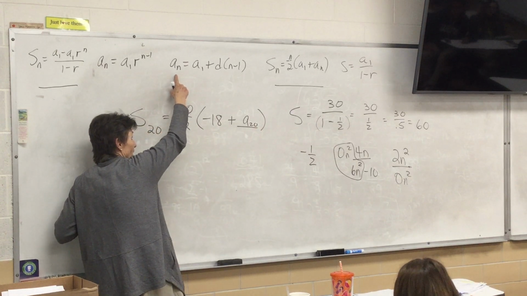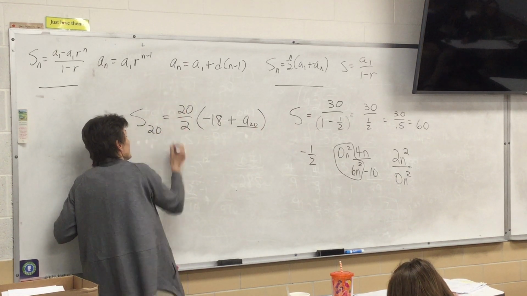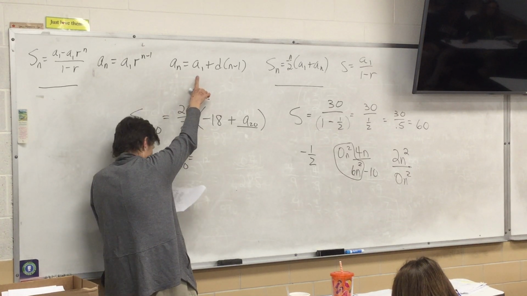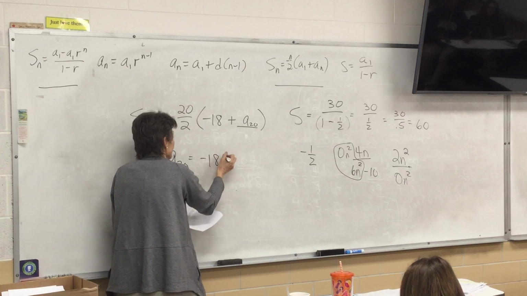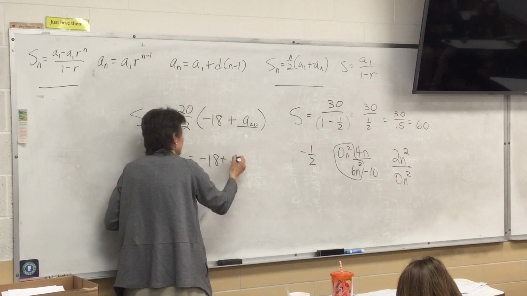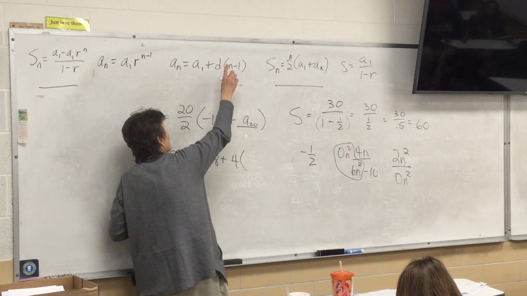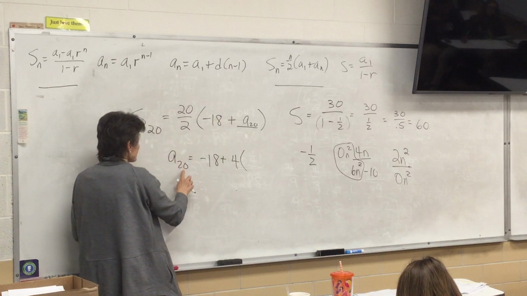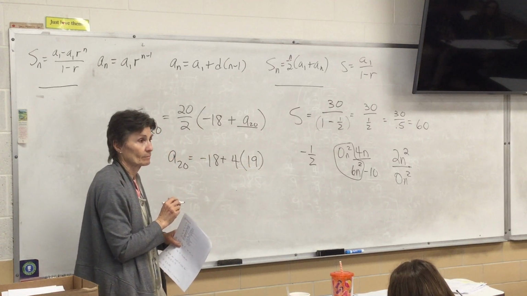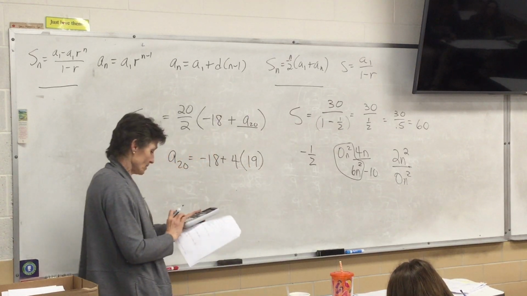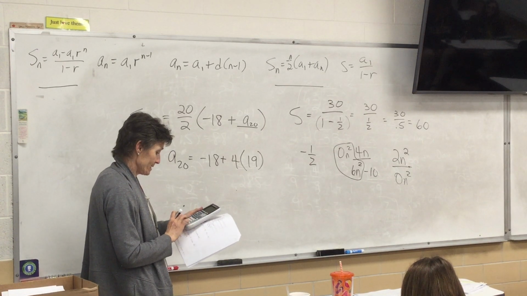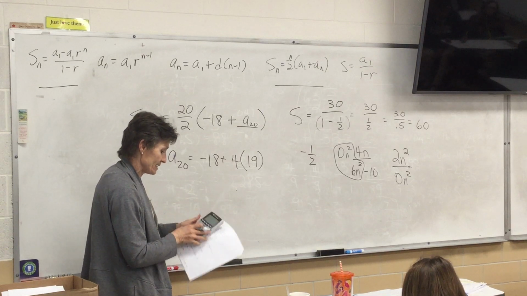So this formula right here says a sub 20 equals the first term, which is negative 18, plus the common difference, which you told me is 4, times n minus 1. And if n is 20, this will be 19. So I can figure that out. 4 times 19 minus 18, I got 58.